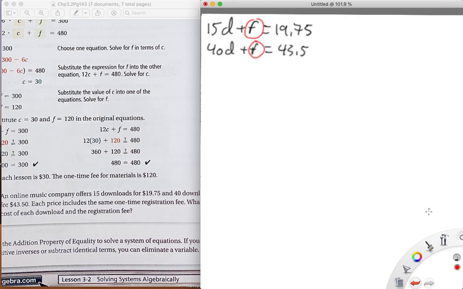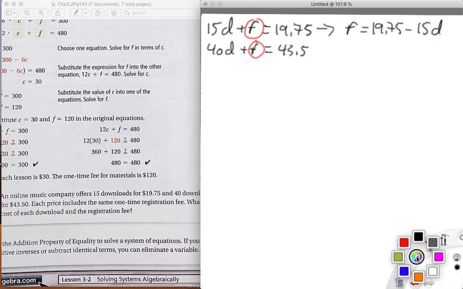Again, both of these have an f that's by itself. It's not being multiplied by anything, so I can solve for either one. I just choose to solve for the first one because it's there. So I subtract 15d from both sides and I get f equals 19.75 minus 15d. And I'm going to substitute that for f over here into the second one.